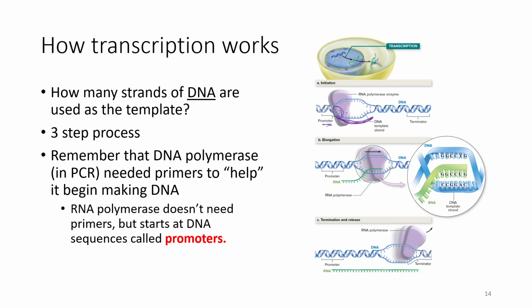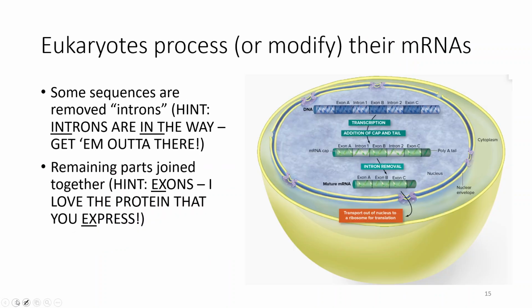And it's going to move forward from that promoter and pair RNA nucleotides with our DNA nucleotides. And we're going to get this chain of mRNA. And that mRNA is then going to go somewhere else. Don't worry about PCR right now. But remember that RNA polymerase needs a promoter.